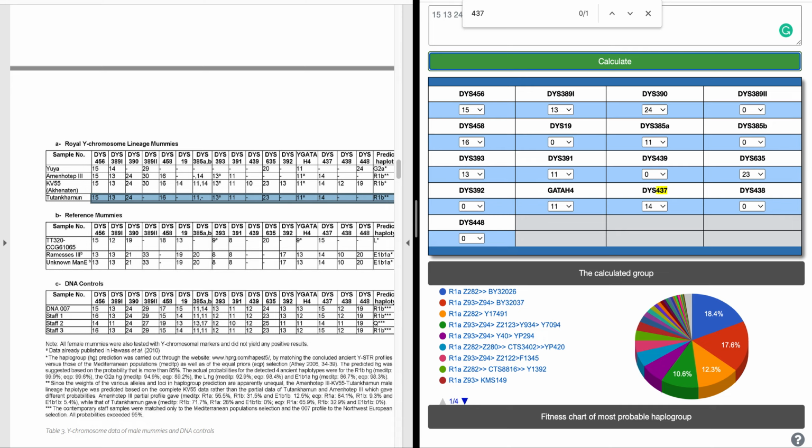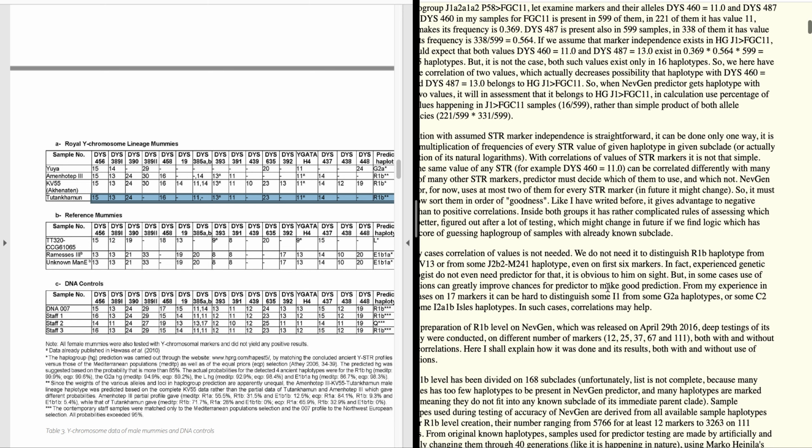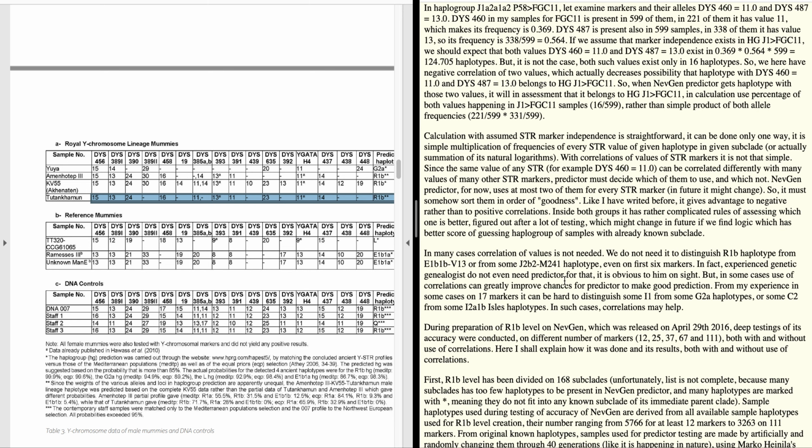Maybe it's the system like NevGen stated, down here. In fact, experienced genetic genealogists do not even need a predictor when distinguishing between the markers for these haplogroups R1b, E-V13, and J2b2. But in some cases, use of correlations can greatly improve chances for the predictor to make a good prediction.